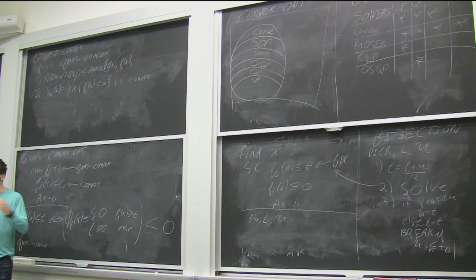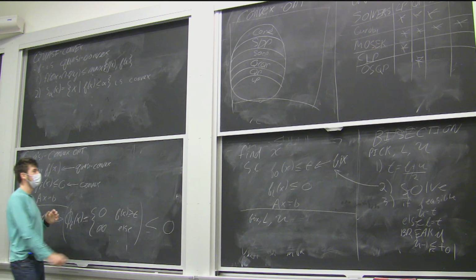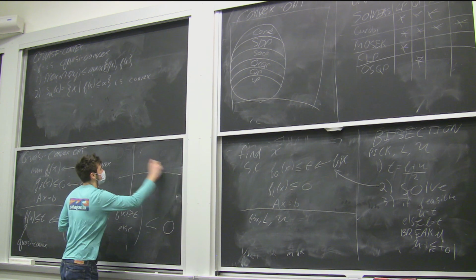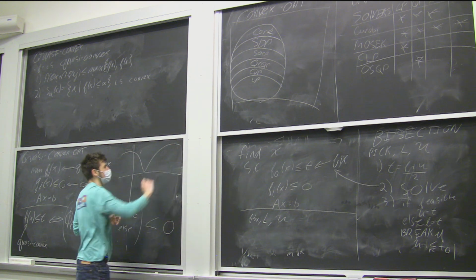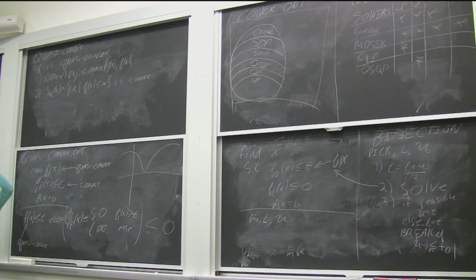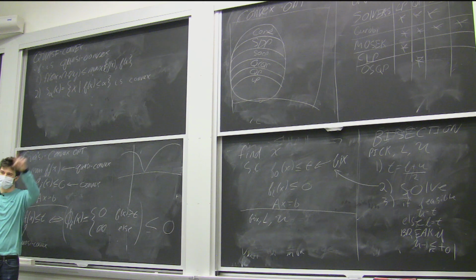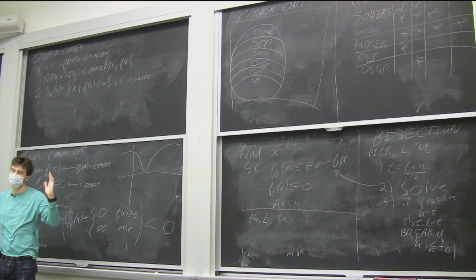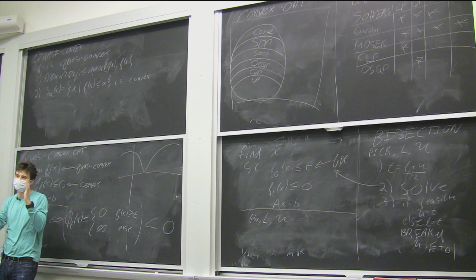So again, the picture I always have in mind of a quasi-convex function is something that only really has one bump at the bottom. Because if I come down, if I decrease in more than one spot, then I'm not going to have this quasi-convex property of having these closed compact sublevel sets that are convex.